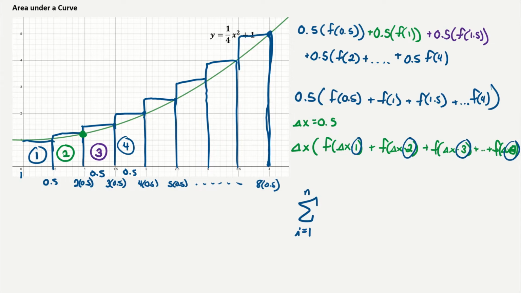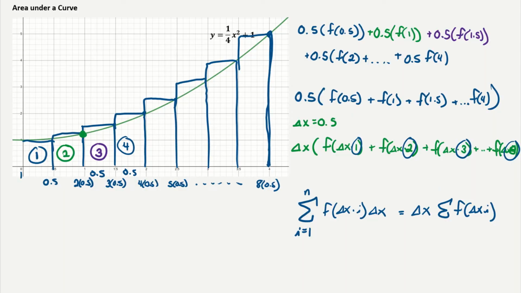And so I can write this notation as f of change of x times i, times change of x. Now I put the change of x in the back there because that's a constant that is not being summed up, so we can take it all the way out of the notation. And this little notation is summarizing what we did up there.